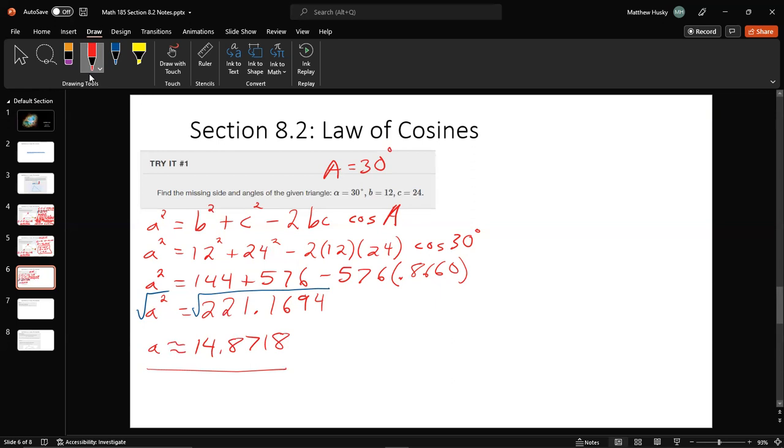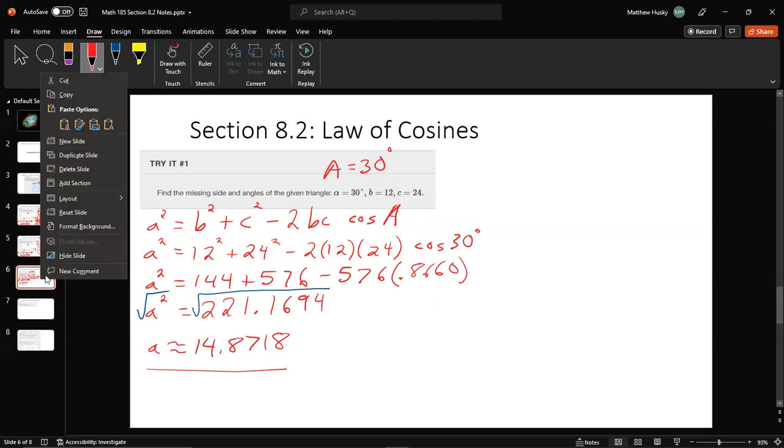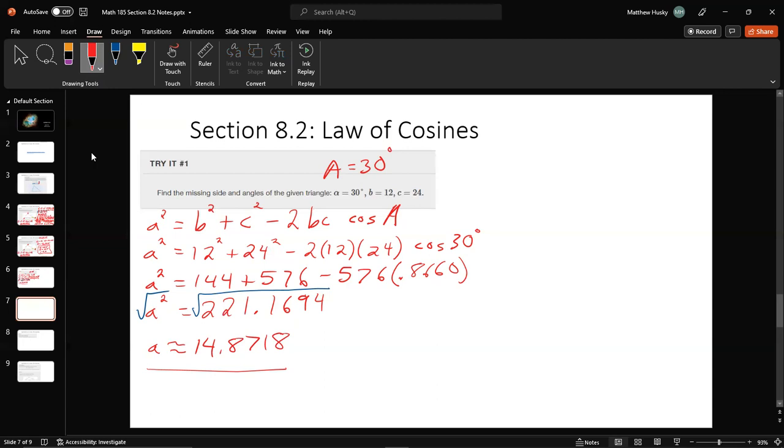Then we need to pick one of the angles that we want to solve for next. Maybe we'll just do angle B. Why not? Let's do angle B, shall we? So let's just go ahead and copy the slide right now.